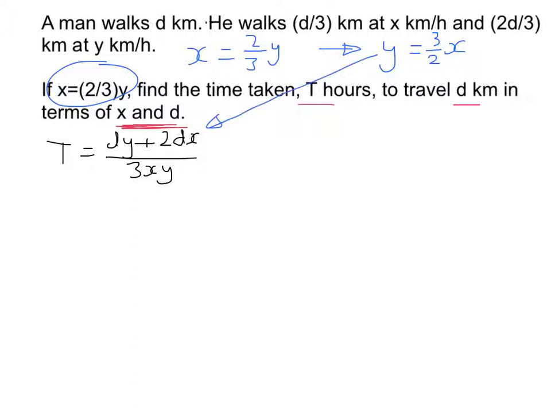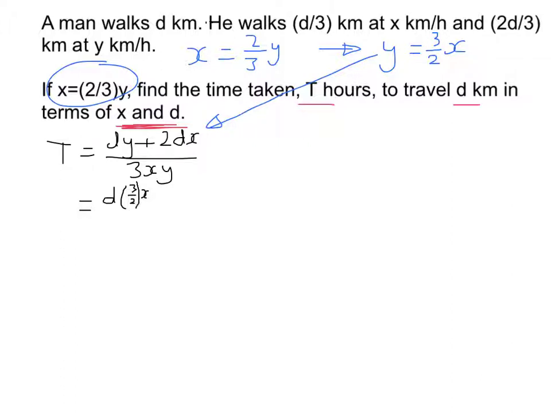So wherever we see y, we're going to replace it with 3 over 2 x. So this will now be equal to d. We've got a y already, so 3 over 2x.